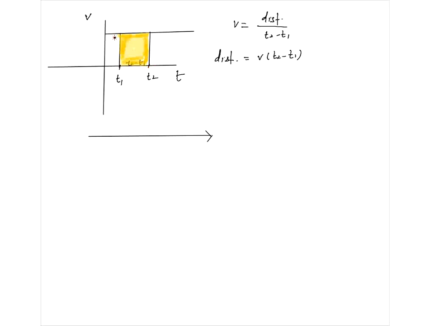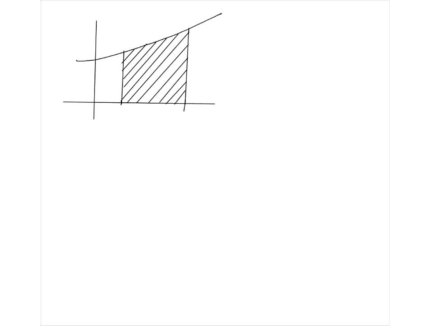Now, what if it is not constant velocity? If it is not constant velocity, then acceleration can be constant, uniform, or acceleration can be non-uniform. If acceleration is uniform, then thankfully the VT graph continues to be a straight line but inclined.